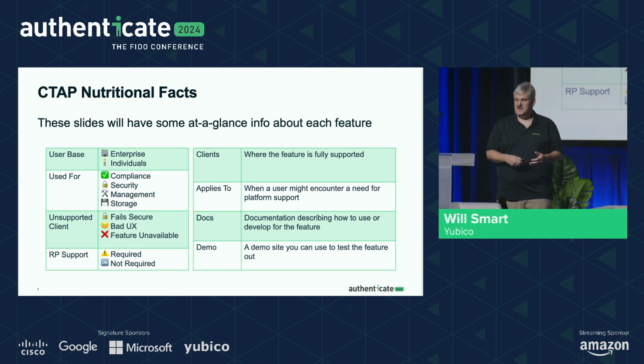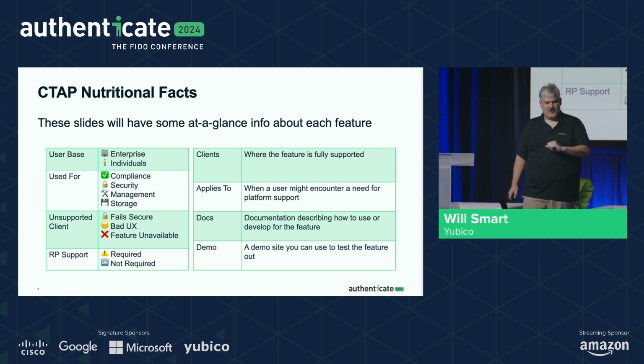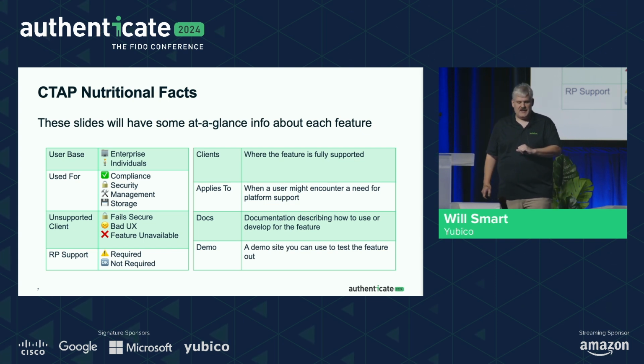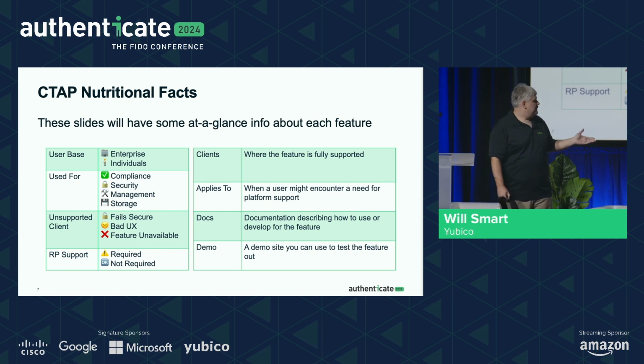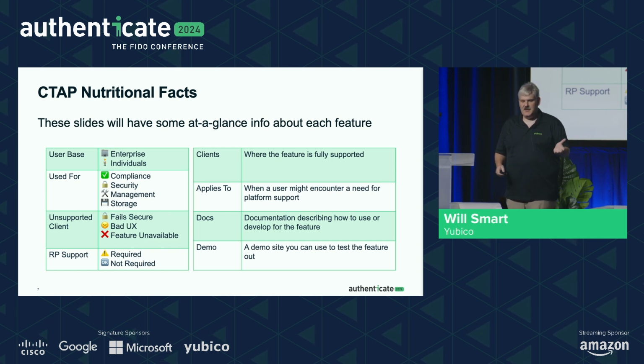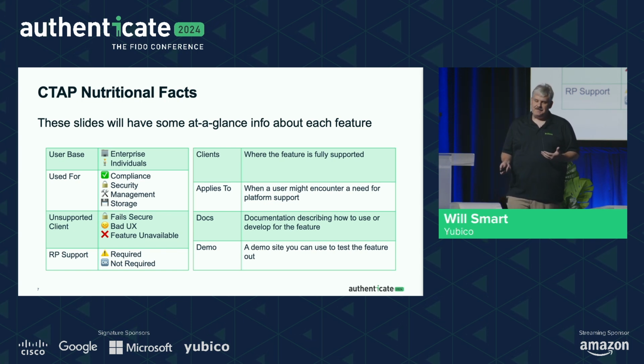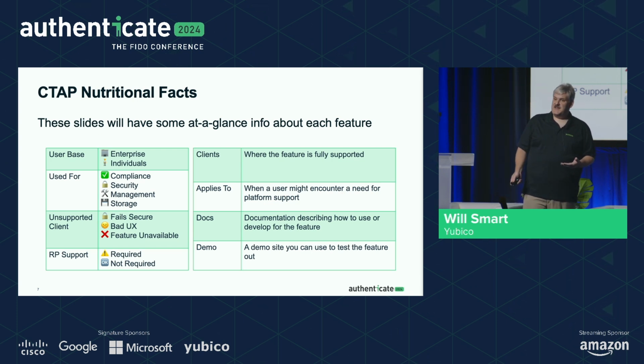Some of these features are just supported by the platform. Some of them actually need the relying party support. Right, and then I'm also going to add some information about where these things are supported, what part of the FIDO either authentication or registration process it applies to, where you can go to read about the feature, and then how you can test it out.